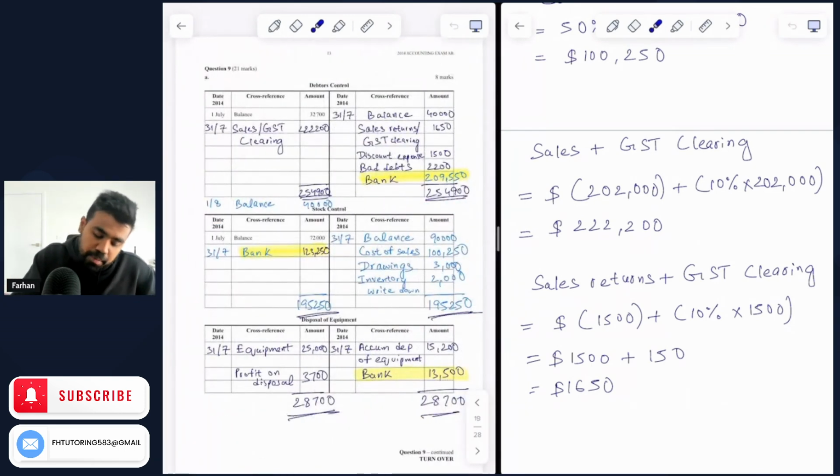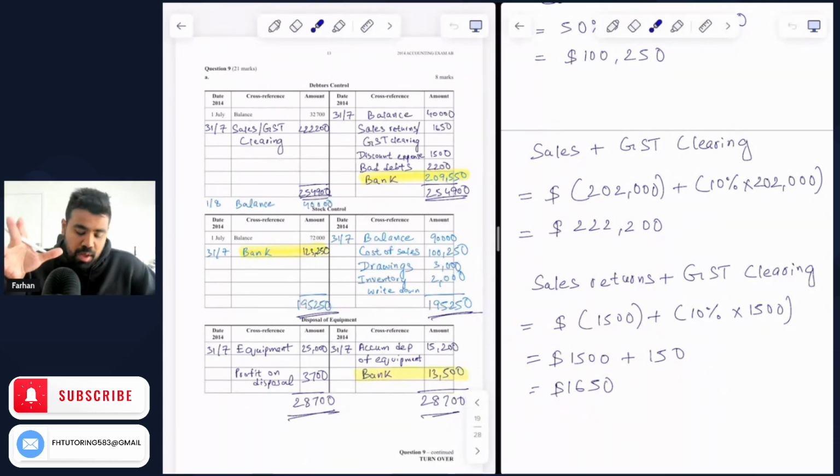So you can see on the debit side, we have included the opening balance of $32,700, and on the credit side, we have included the closing balance at 31st of July of $40,000, both of these numbers taken from the current assets section of the balance sheet. Now, we understand that all sales are made on credit.